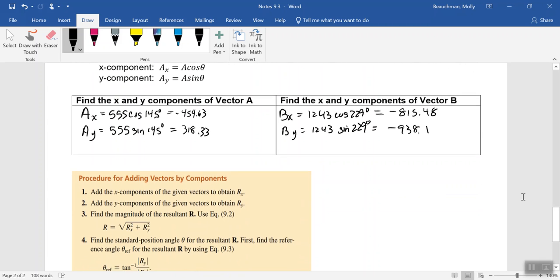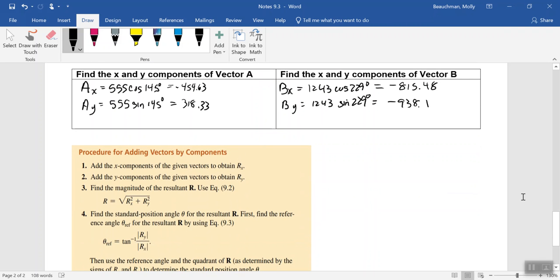Okay. Now we can add the vectors by components. So here's how you find the resultant. To obtain the x coordinate of the resultant, add together the x component of A and the x component of B. So we get negative 454.63, and we're going to add to that negative 815.48, and I end up with negative 1270.11.